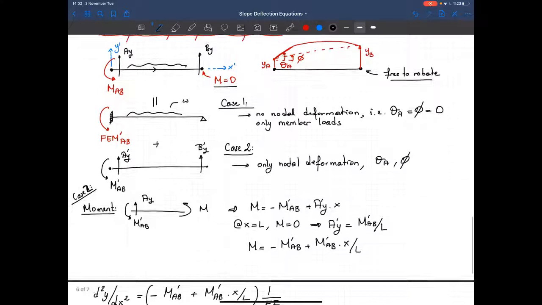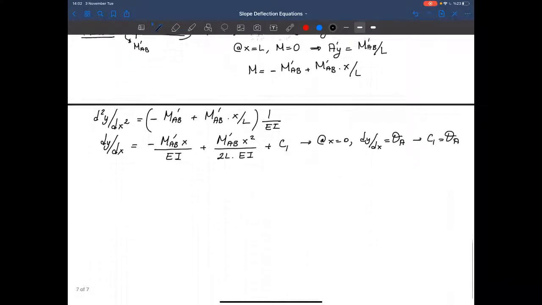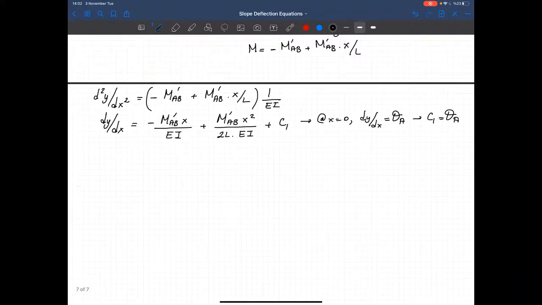Again, I'm using the following deformed shape. It tells me that at x is equal to 0, y is equal to ya, and dy over dx is equal to theta A. So these are the boundary conditions. So I use one of the boundary conditions. Let's write down the equation for y.